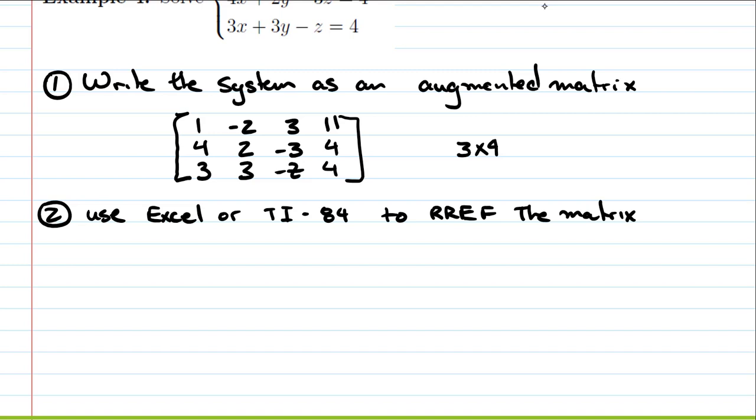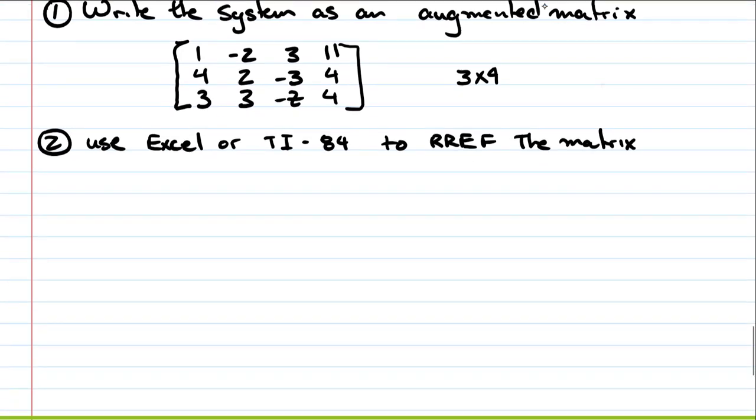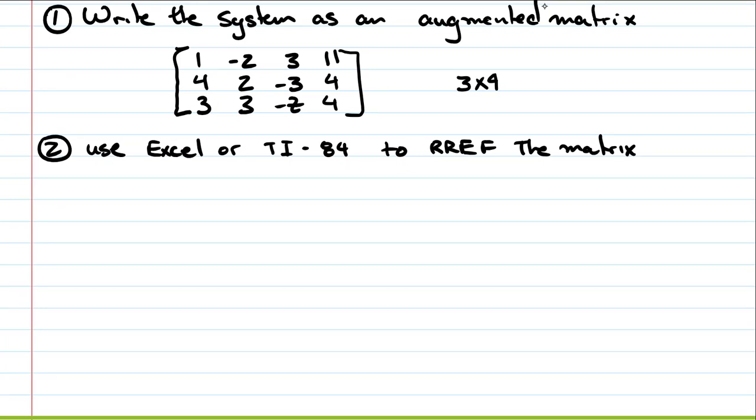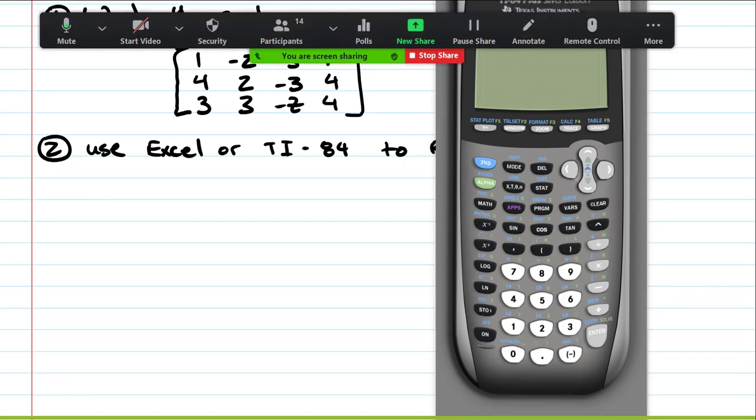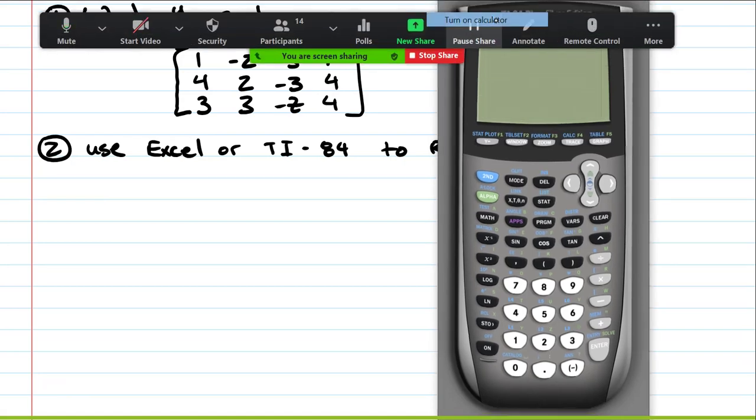What we did before in Excel basically was reducing the matrix to reduced row echelon form. Last time, and at the beginning of this time, we did it in Excel. This time I'm going to show us how to do it on our graphing calculator.